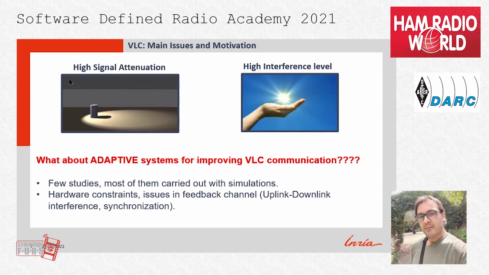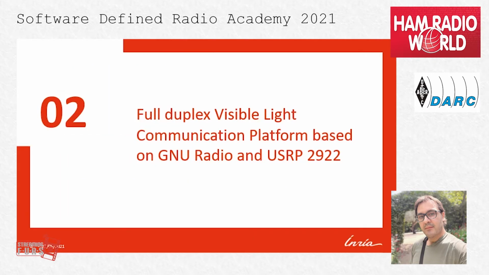Most of them are not experimental, they are just carried out with simulation, because there are several issues in building a feedback network, and there are other problems with synchronization and with uplink and downlink interference, and we tried to solve these kinds of problems with our architecture. In this part of the presentation, I will give you some more details about our architecture, the devices which compose it, and the main operations which are supported.